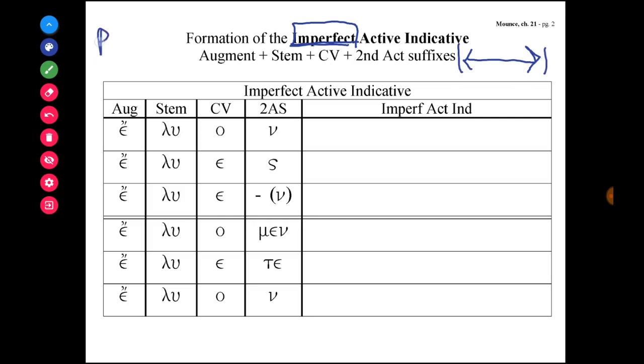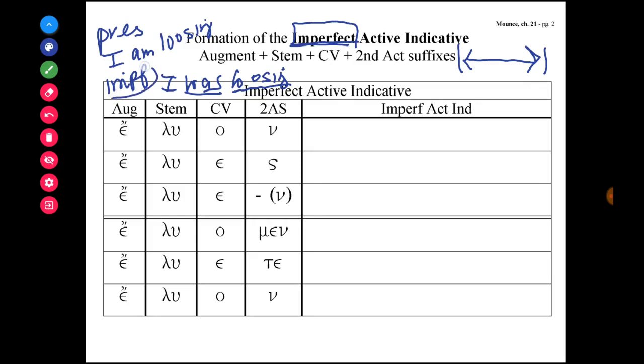So if the present tense was translated as I am loosing, the imperfect tense is translated as I was loosing. So it's a past time verb with an ing translation to indicate the kind of action that's taking place.